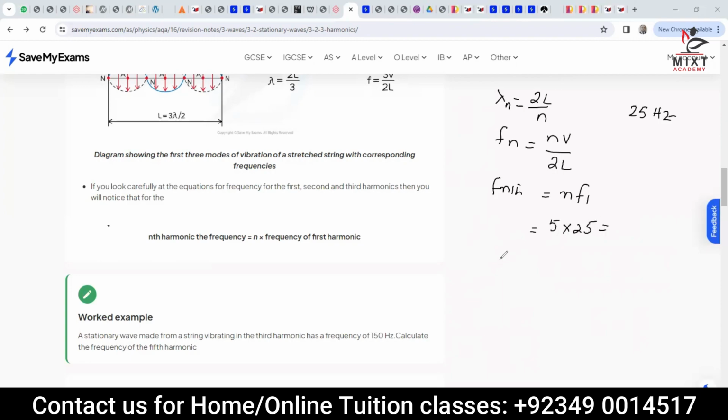That's it. So you don't have to use the second formula, you just need the third formula if the first harmonic value is given to you. So 5 times 25 is F5.